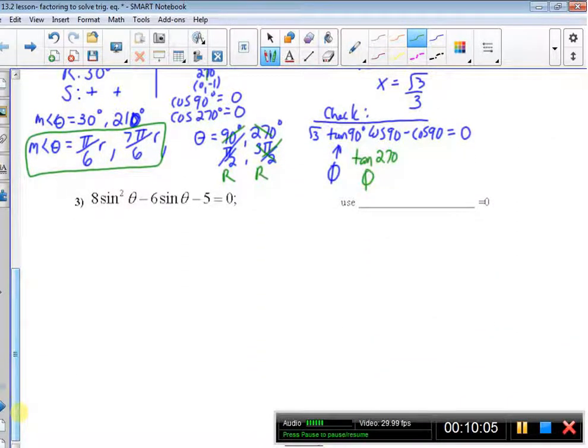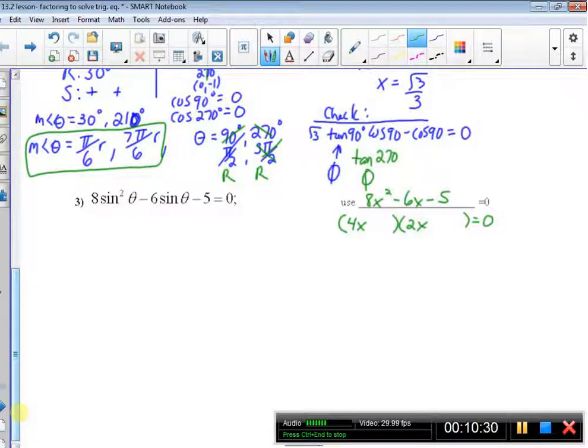All right, next one. I'm going to be using 8x squared minus 6x minus 5 equals 0. So to factor that, I am going to try 4x and 2x. And then I have choices of 1 and 5 or 5 and 1. So I'm thinking if I put the 5 on the outer side, that's going to give me 20, really big.